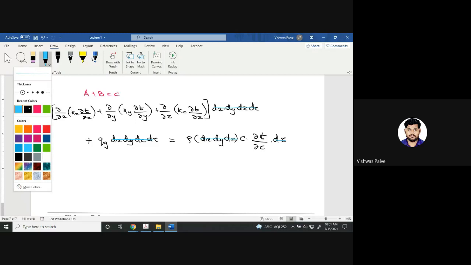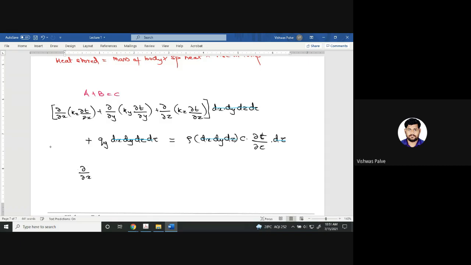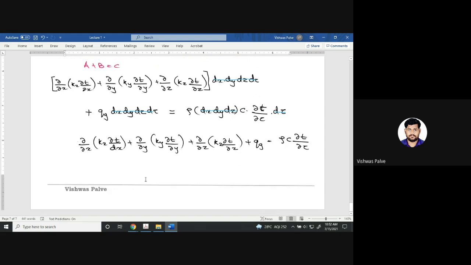So the expression will reduce to dou by dou x kx dou t by dou x plus dou by dou y ky dou t by dou y plus dou by dou z kz dou t by dou z plus qg, only this term will remain qg, is equal to rho c dou t by dou tau. Okay, this expression has been reduced now.